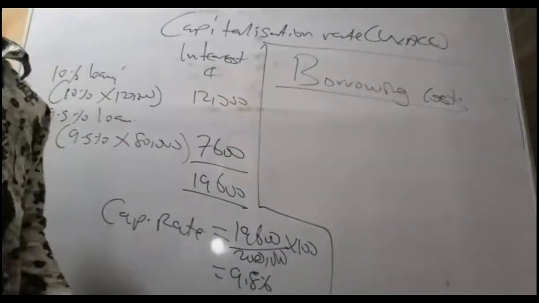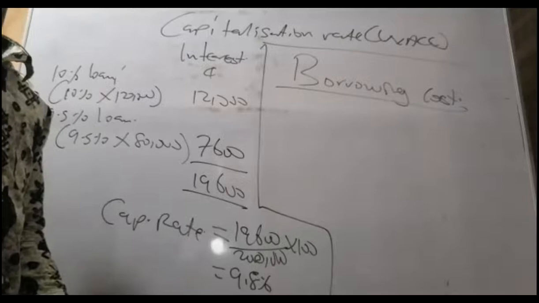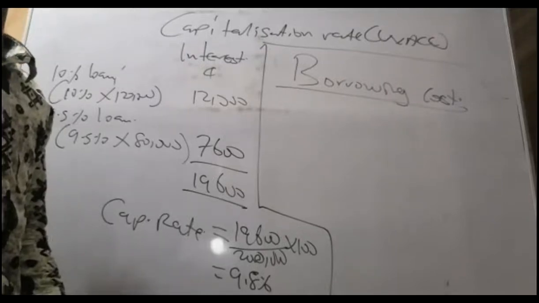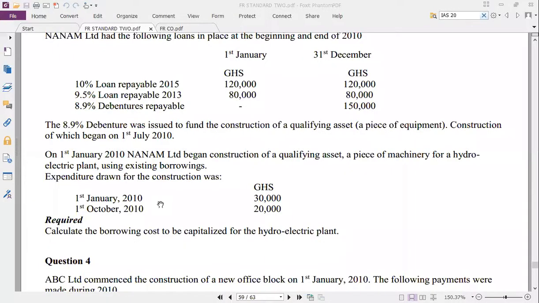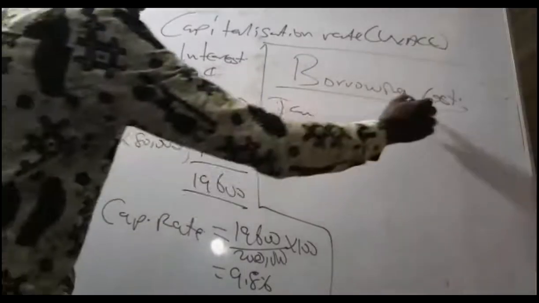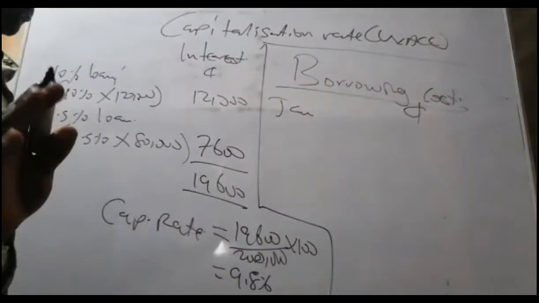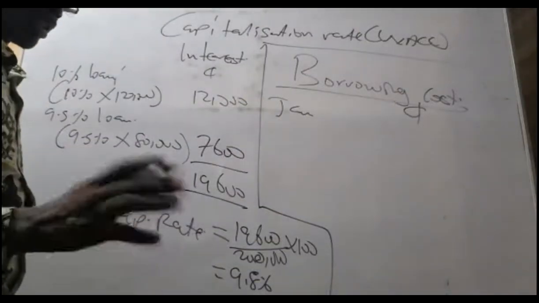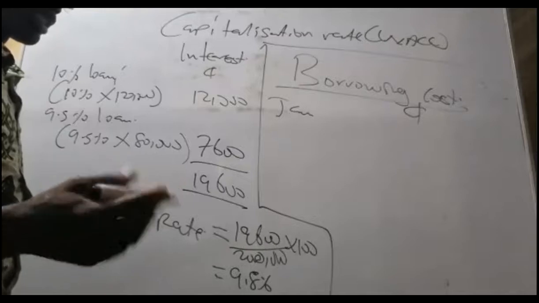So they took the first funds January 1st, 2010. So that would take how many months? 12 months, right? So January 1st, here there's no surplus investment, or there's no investment income here.